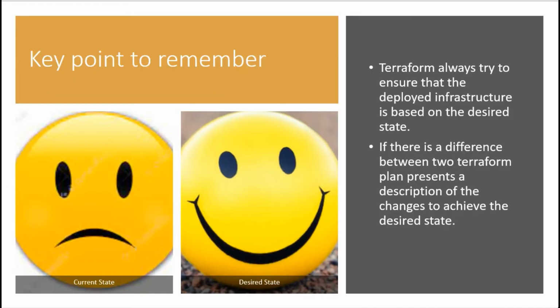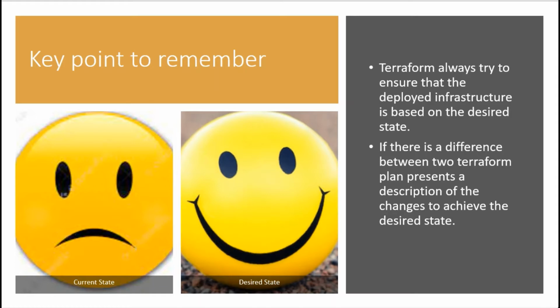What is the importance of these two states? Whenever there is any difference between the current state and the Terraform desired state, when you execute Terraform plan, it will present what is going to change to achieve the desired state.